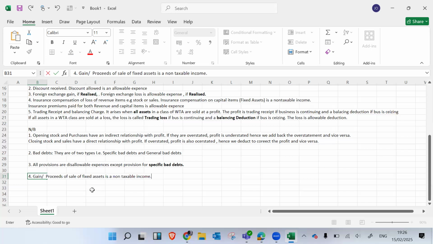People tell you the company sold some assets and made a gain of 20,000, or proceeds on sale of assets, all of it is non-taxable income. And with the same concept, loss on sale of fixed assets is a disallowable expense.